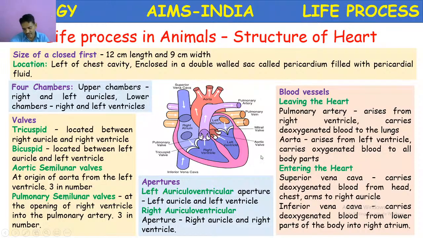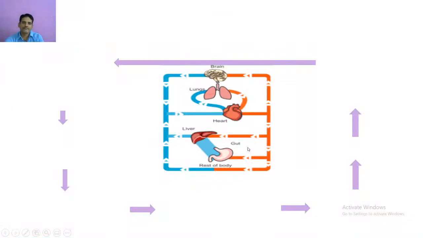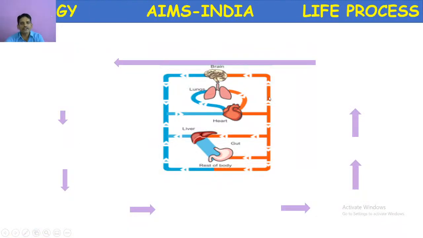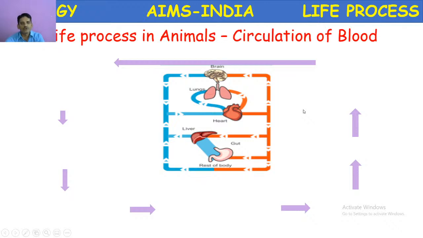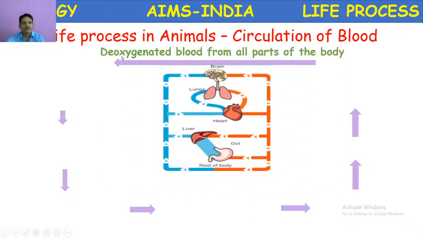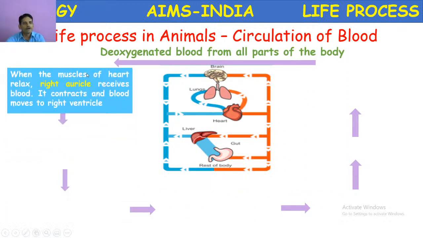So let us see how the mechanism occurs. This is the chart showing the double circuit circulation of blood, the physiology of blood circulation. Here, deoxygenated blood from all parts of the body is carried to the right auricle or right atrium, which receives it through the superior vena cava and inferior vena cava.